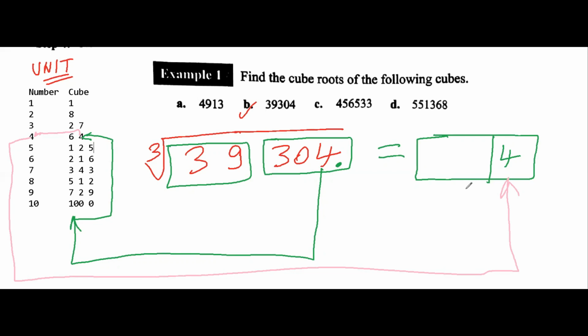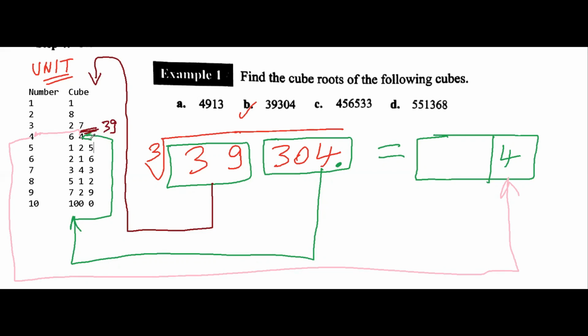Okay, now the second step is you are going to find where this 39 comes in this particular list of numbers. So you will find that 39 is coming between 27 and 64. Here 39 will come.